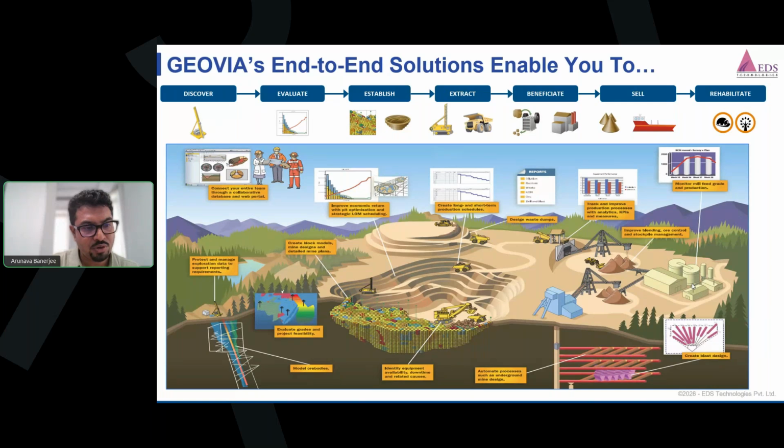Borehole database, solid model, block model, estimation, opencast, haul road design, dump design, blending, strategy planning, tactical planning, everything is possible. Not only for opencast, underground also we can cover here.